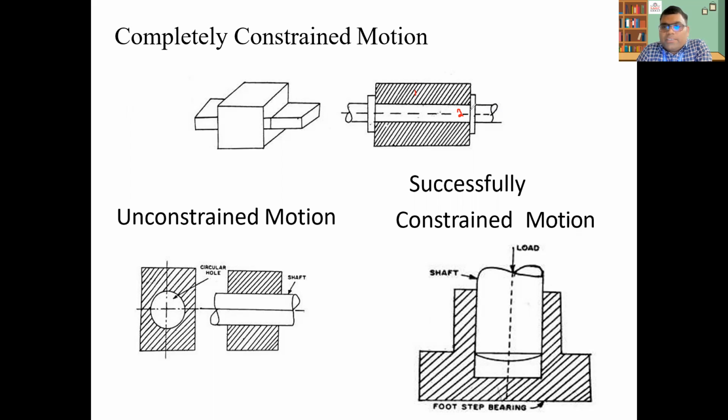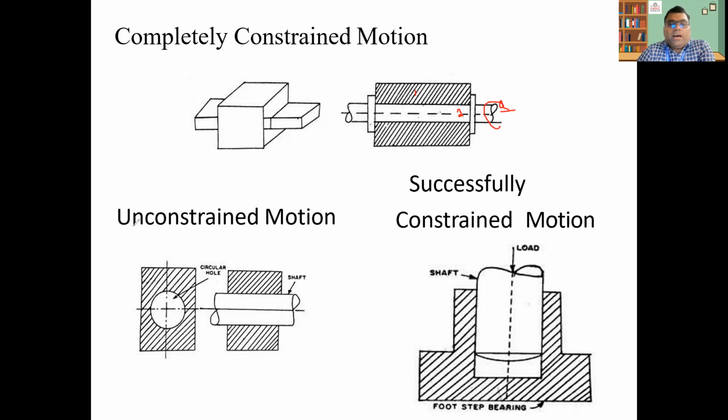As the collar is provided, it restricts the translation of the shaft along the axis, and only rotation about the axis of the shaft is possible. So this pair has one definite motion irrespective of the applied load. This can only rotate, and this can only translate. So this is called the completely constrained motion category.